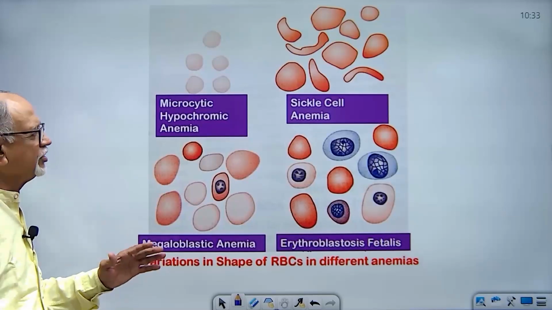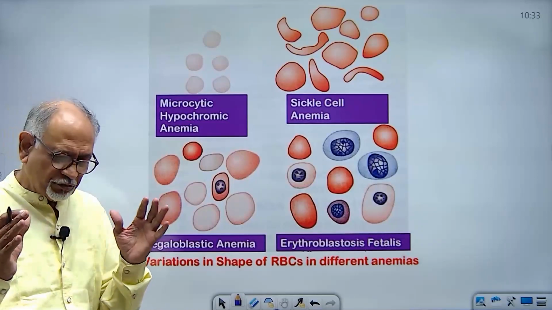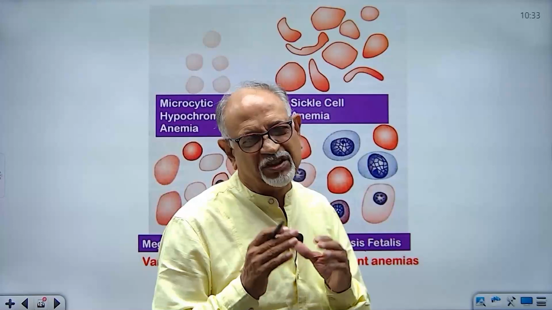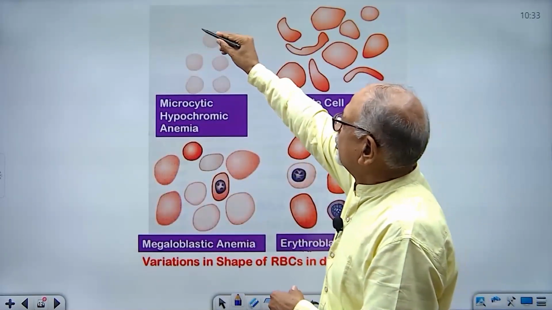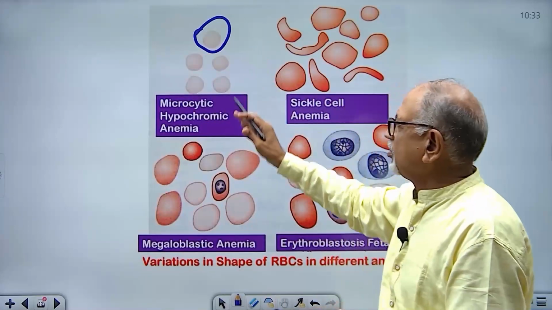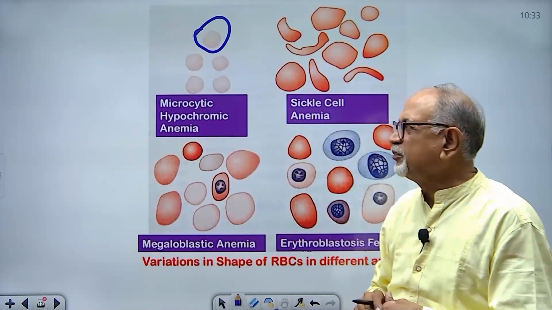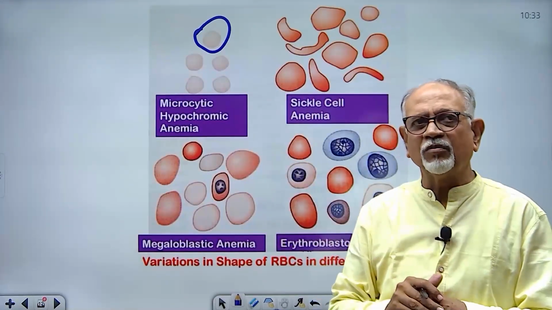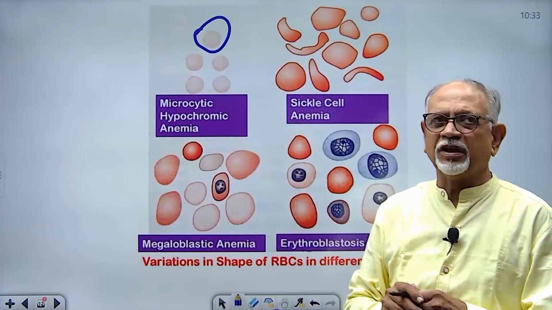Now here in this picture, you can see various types of abnormalities in the structure of RBC. In the first case here, you see that these are microcytic hypochromic anemia. That means their size is less than normal and they contain less hemoglobin in them.